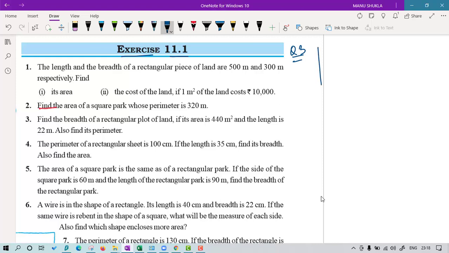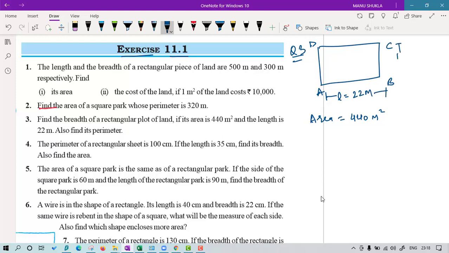This is the rectangular plot diagram ABCD, in which the area is given as 440 meter square. The length is given as 22 meters, the breadth is missing. So we can take the breadth as b only.